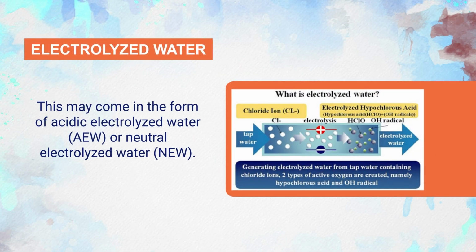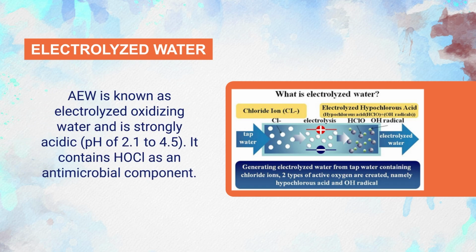Electrolyzed water is also a newer approach, whereby we can use water whose pH is influenced due to the electrolysis of the water. When we put water and there are two electrodes, on one electrode side it is acidic, on the other side basic water is there. Particularly in this electrolyzed water, water in the pH 2.1 to 4.5 range can be used, and it contains some acidic component because there is a degradation of the water and HOCl is formed, and that is the antimicrobial component available in this.